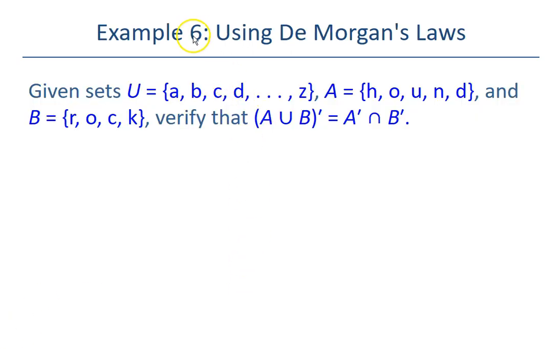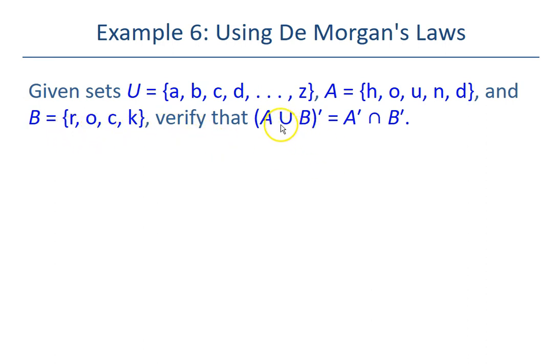Now, in example 6, we're asked to use, and in a sense prove, which we already did with a Venn diagram, De Morgan's law. Here our universe will be the alphabet. Set A is the letters in the word hound, and set B, the letters in the word rock.